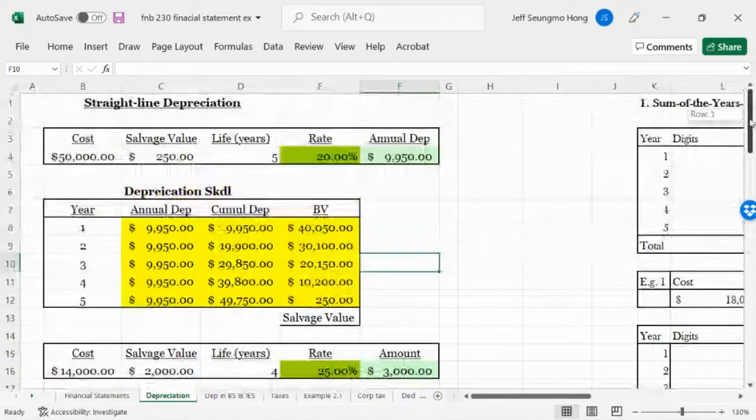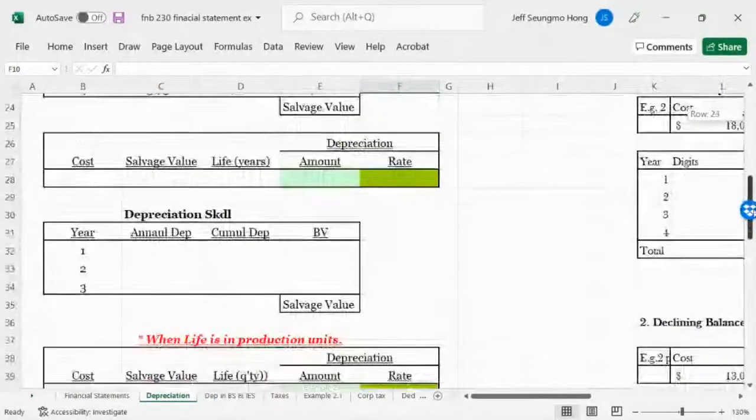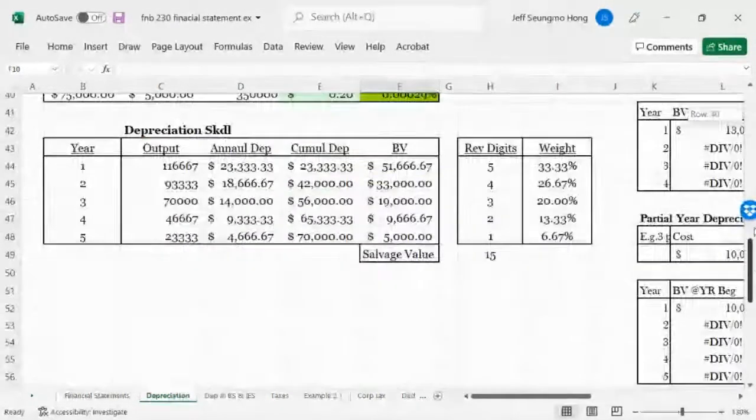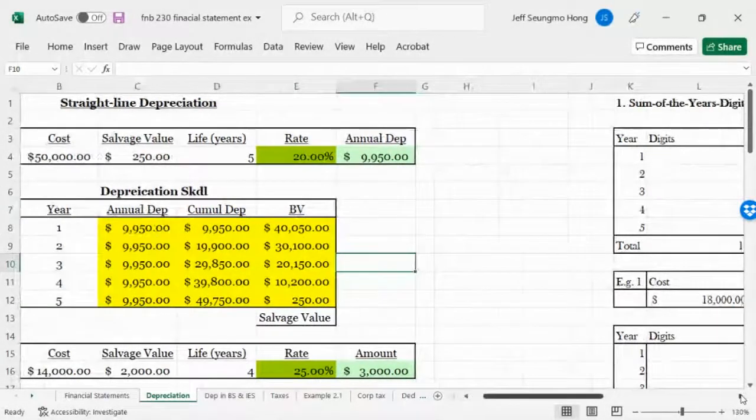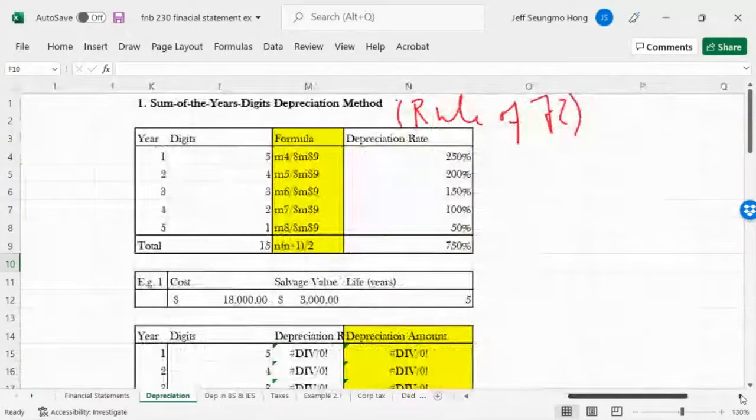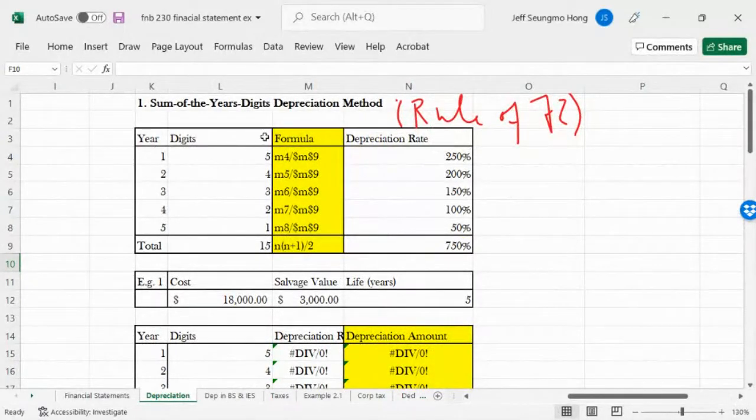Now, that's the straight line depreciation, and we can have partial year depreciation, and depreciation when life is not in years but in production level. Now, let's take a look at accelerated depreciation. The first thing is rule of 72, or sum of the years digits method. What is the sum of the years digits?